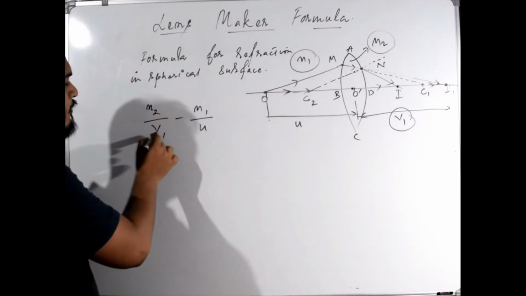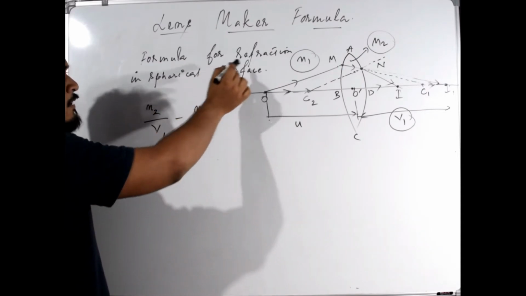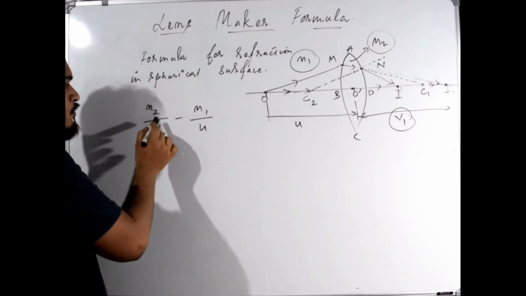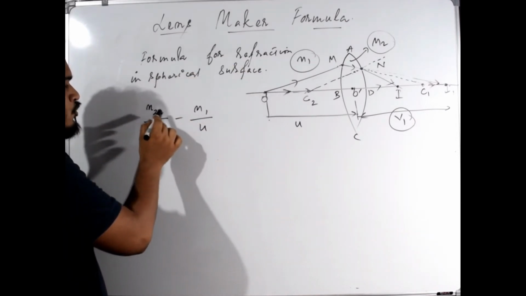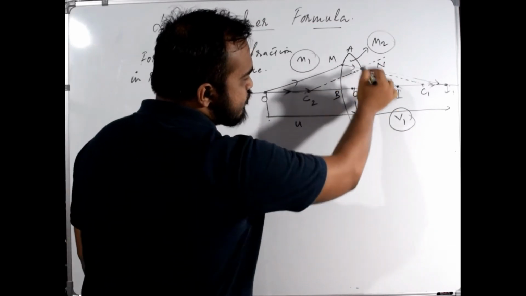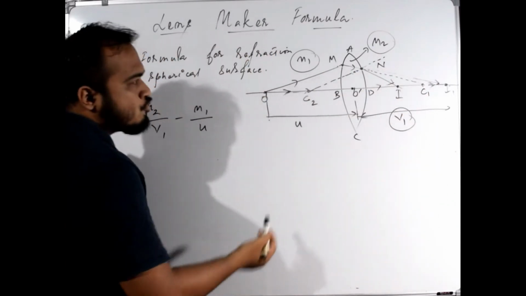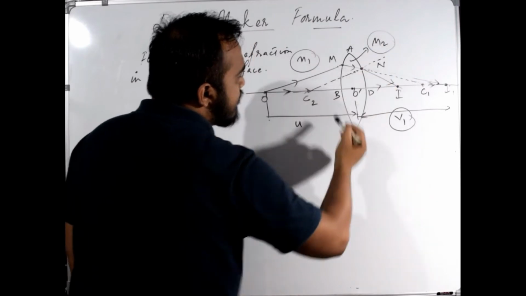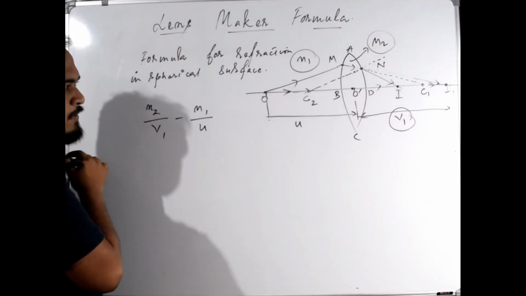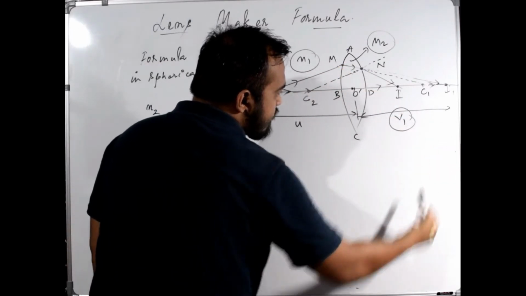We are applying the formula for refraction in spherical surfaces, which is N2 divided by V1, because if this surface is not present, this medium as a whole will be one medium. Below N2, the image distance from O dash to I1 will be present.